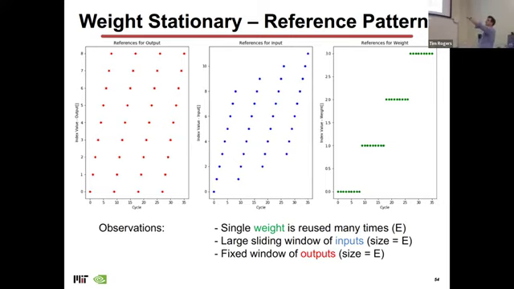So if we have weight stationary, then weights are great because now weights are staying in. We're reusing the weight over and over again. 8 times. I think that's the number 8, right? Yeah, 9 times. It's proportional to the number of outputs.